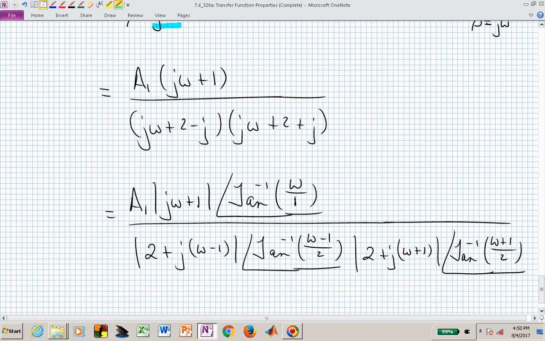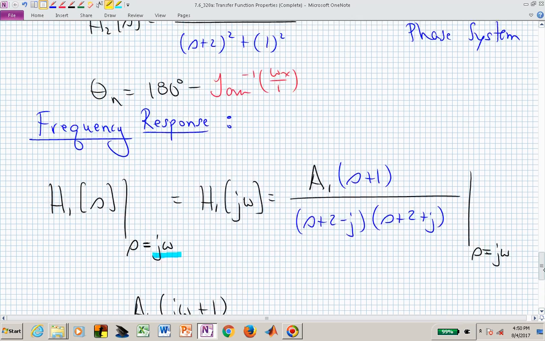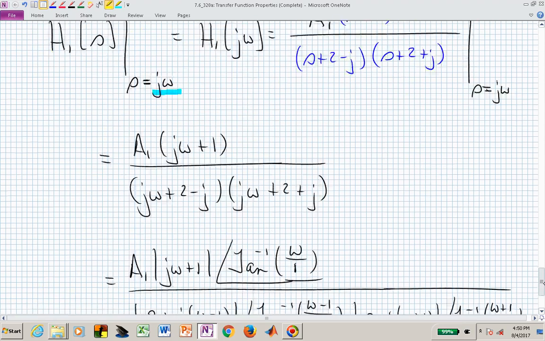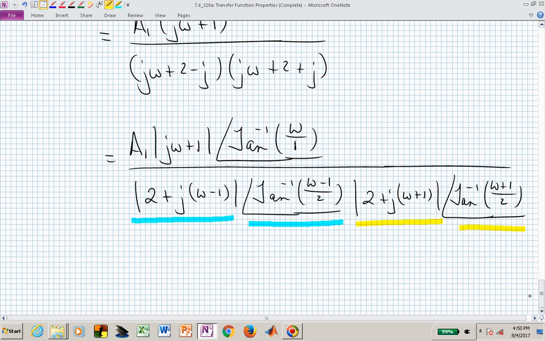Similarly, for each of the two factors in the denominator, one factor is due to the pole in the second quadrant, and the other factor has a magnitude and angle associated with the pole in the third quadrant. For a given omega, you can now evaluate that magnitude.